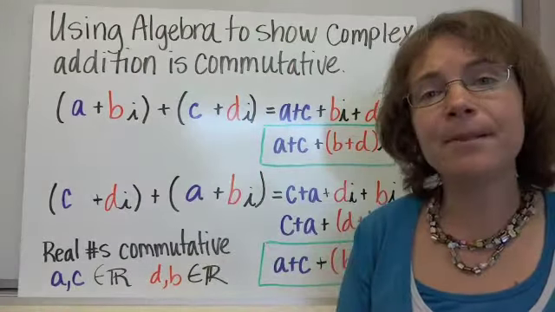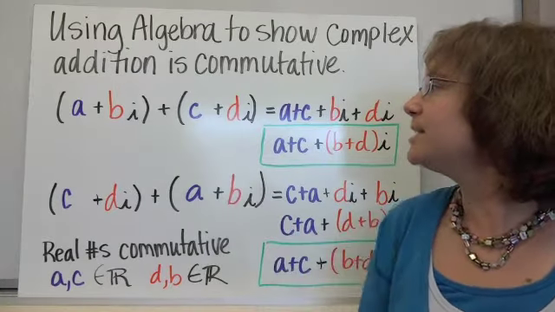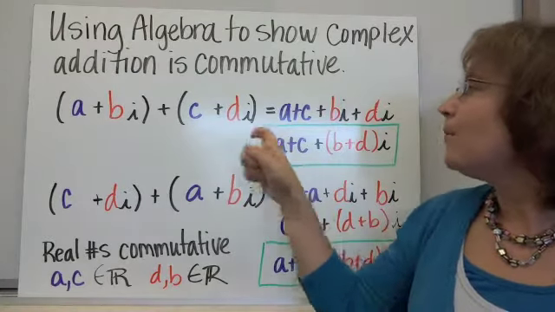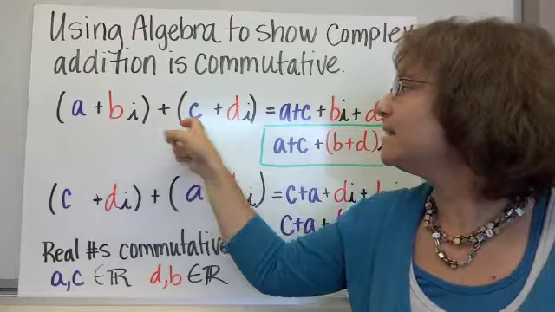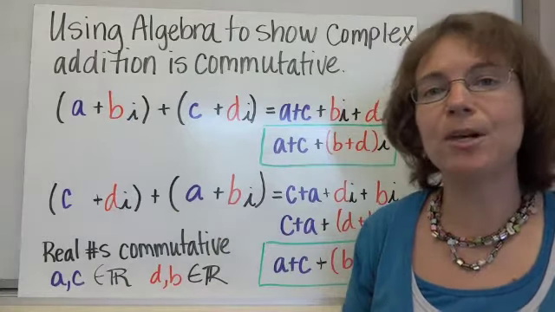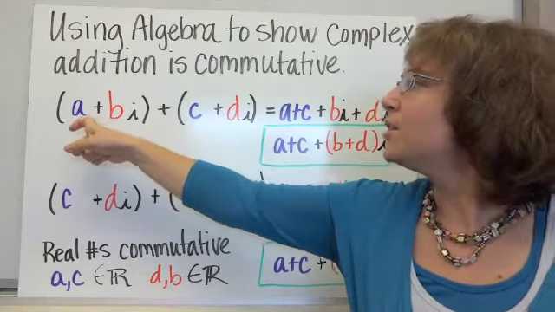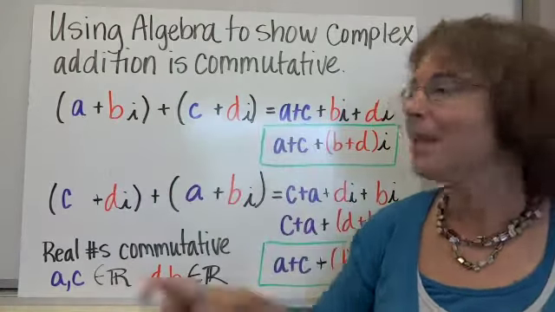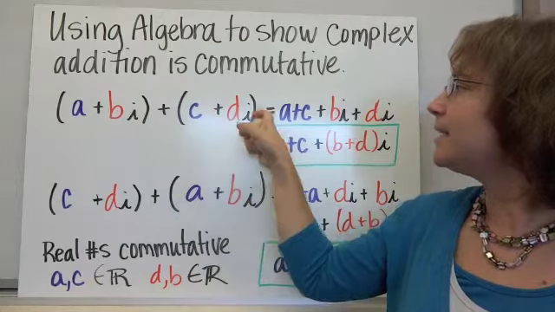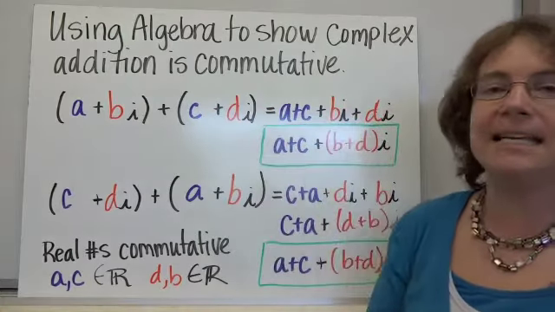So our first number is a + bi, and our second number is c + di. So we have to also remember that a, b, c, and d are all real numbers, and we know that addition is commutative with real numbers. Let's go ahead and add them. So a plus c, plus bi plus di.